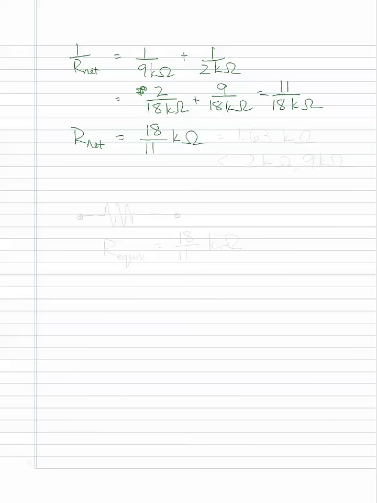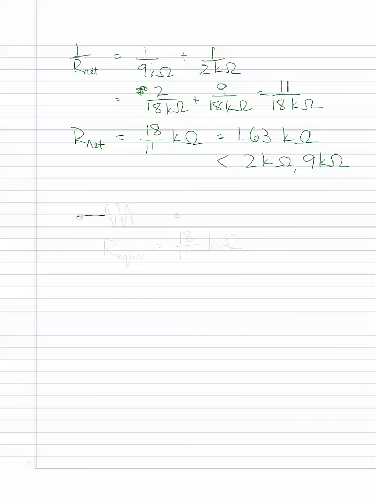And when we pull out our calculator and figure out what 18 over 11 is, the important thing, I think, to remember here, this was 1.63 kilo ohms, that this is actually less than either 2 kilo ohms or 9 kilo ohms. So when you add them in parallel, you're actually reducing the net resistance.